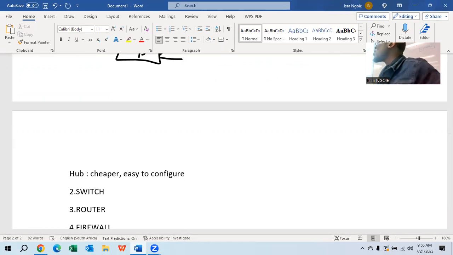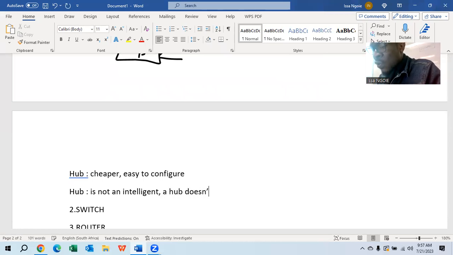You can have questions where they ask which of those devices is easy to configure and cheaper. A hub is a network device that is very cheap and easy to configure. But the problem is that the hub is not smart, not an intelligent device.